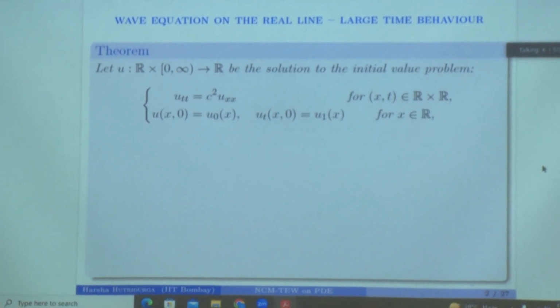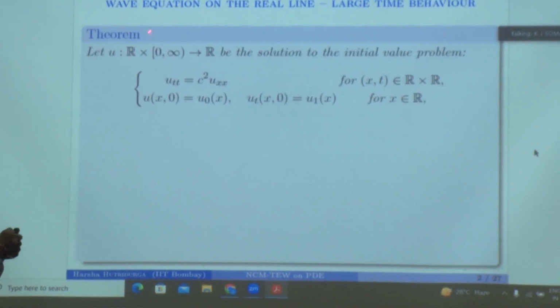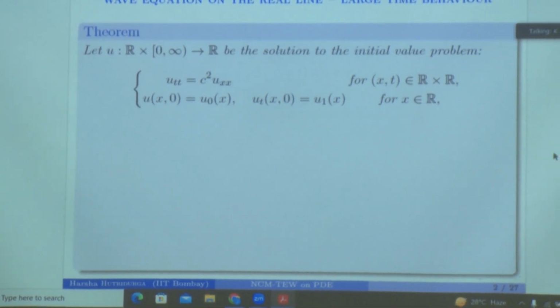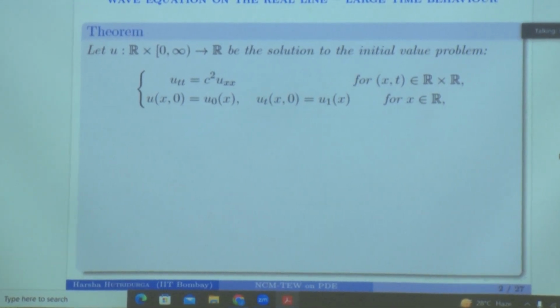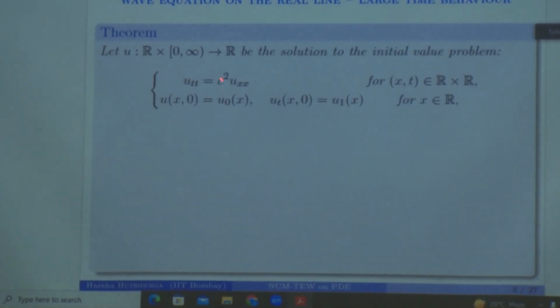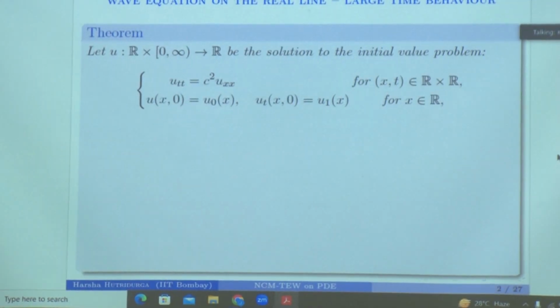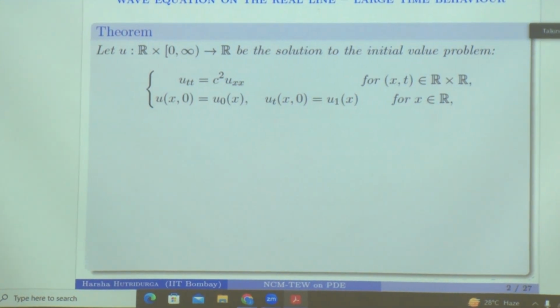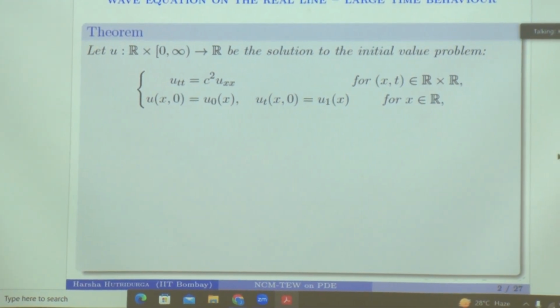This is the initial value problem for the wave equation, and there's a solution to this problem. And by now we know what the solution is. You can write it in terms of u0 and u1 and this constant c, right? There is that average term, and then there is the integral term. That's D'Alembert's formula.